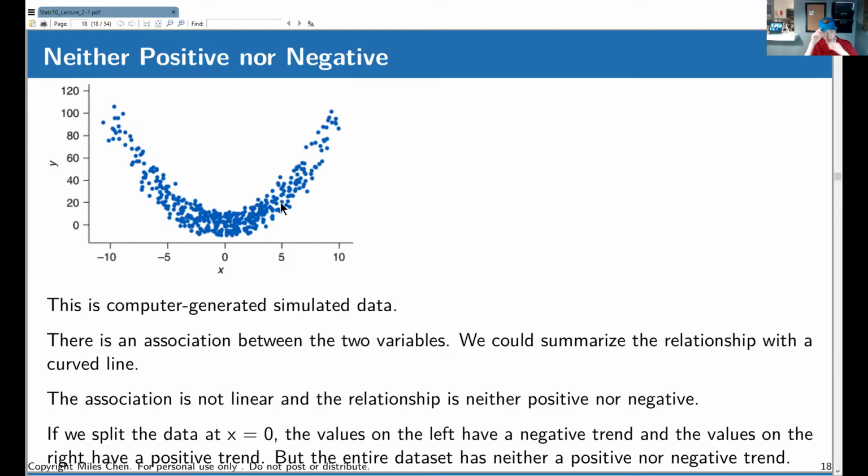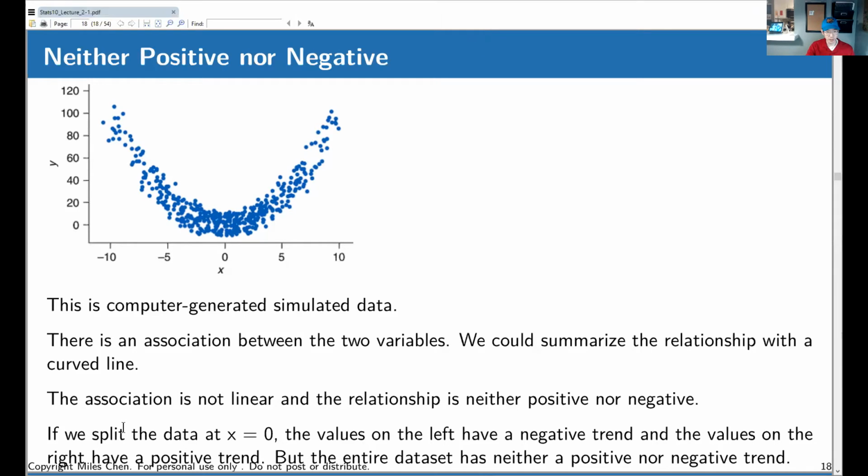There's definitely an association, and we could draw a curved line that runs through the middle of this, but the overall relationship is neither positive nor negative. If you split the data at x equals 0, if you draw a vertical line in the middle, this half has a negative relationship, and this half on this side has a positive relationship. But overall, the entire data set is neither positive nor negative.